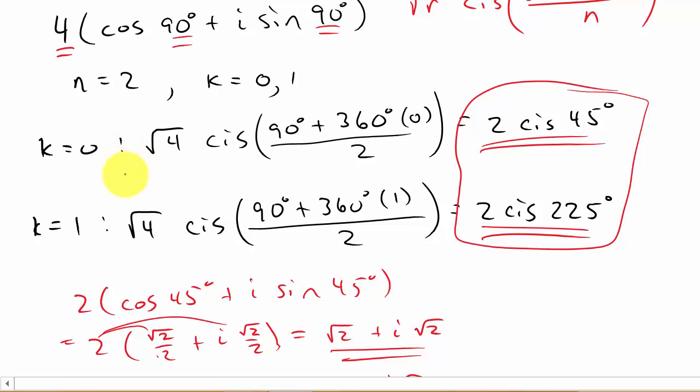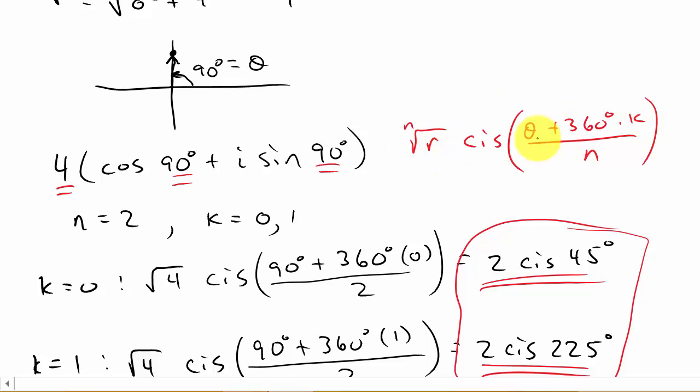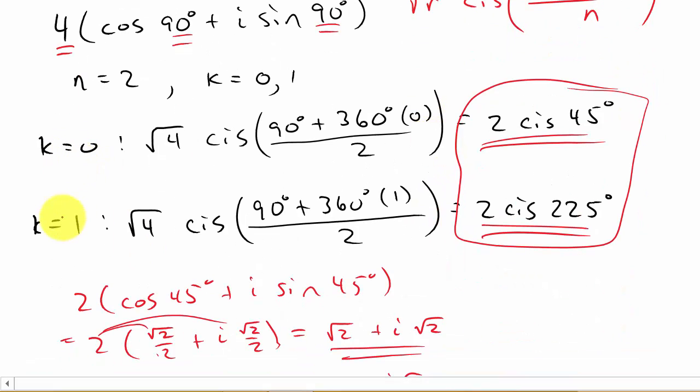In the other video, we had a fourth root, so k went from 0 to 4 minus 1, so 0, 1, 2, and 3. And then all you do is evaluate this at each value of k, plugging in r, theta, and n. r, theta, and n are going to remain the same in all. The only thing that's going to change is the k value.